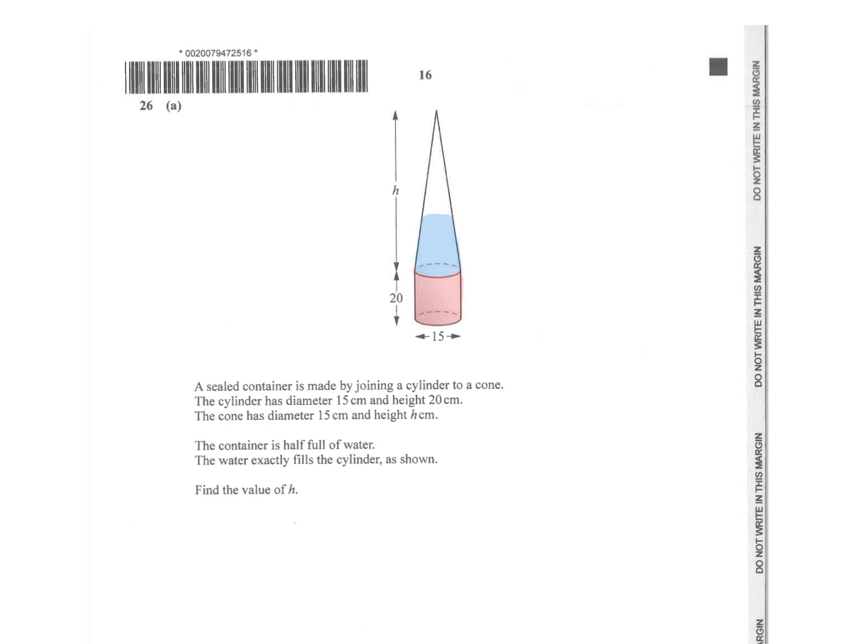Wait, the container is half full of water. Yeah, it's only the cylinder that's filled with water. The water fills exactly, that means it's half the volume. Is that what they're trying to say? Okay, wait, let me erase this.